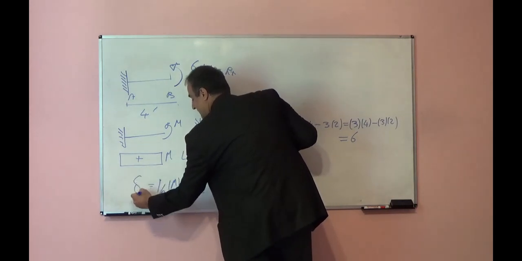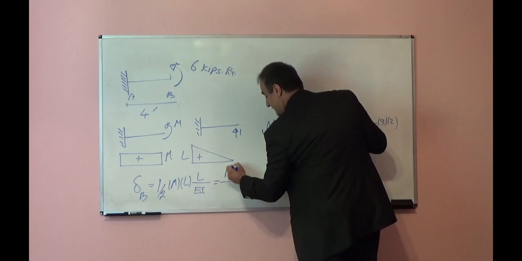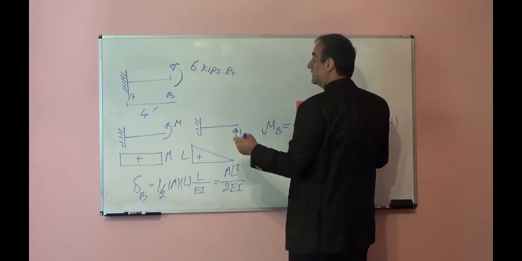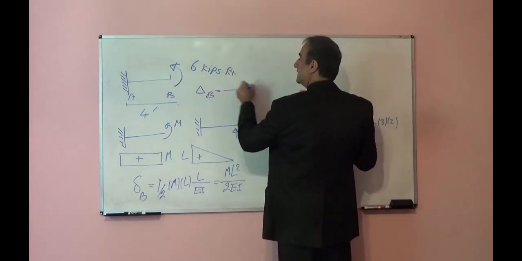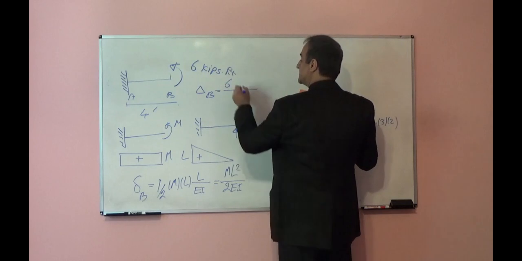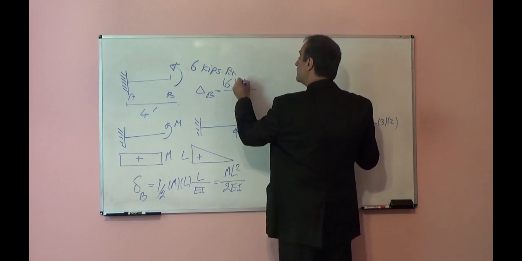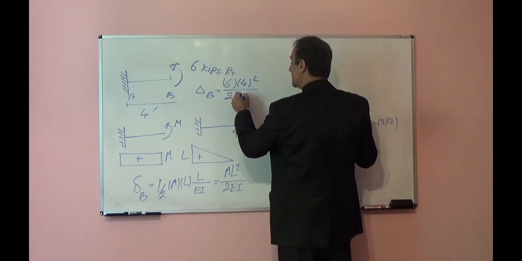That will be delta B, so it will be M L squared over 2 EI. Here delta B will be M, which is 6, times L squared, which is 4 squared, over 2 EI.